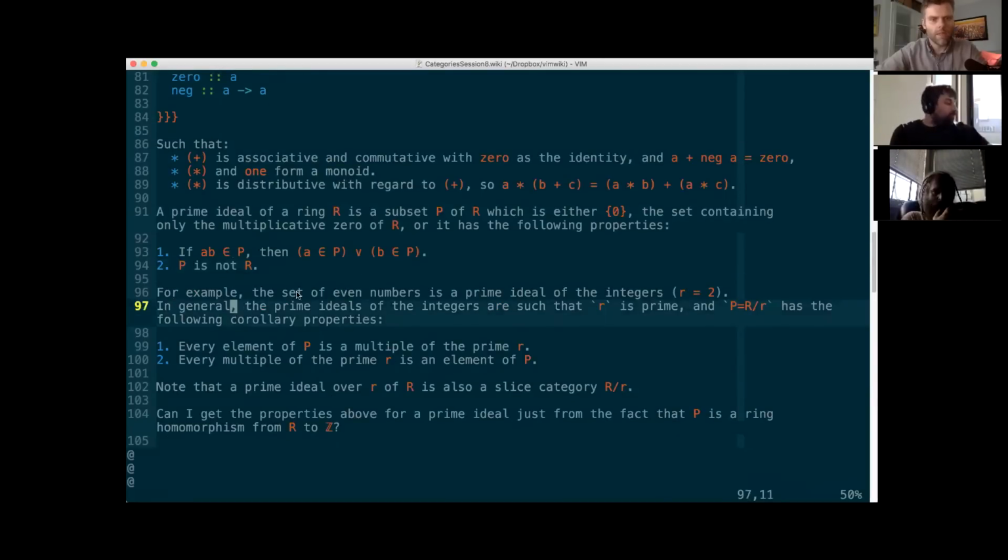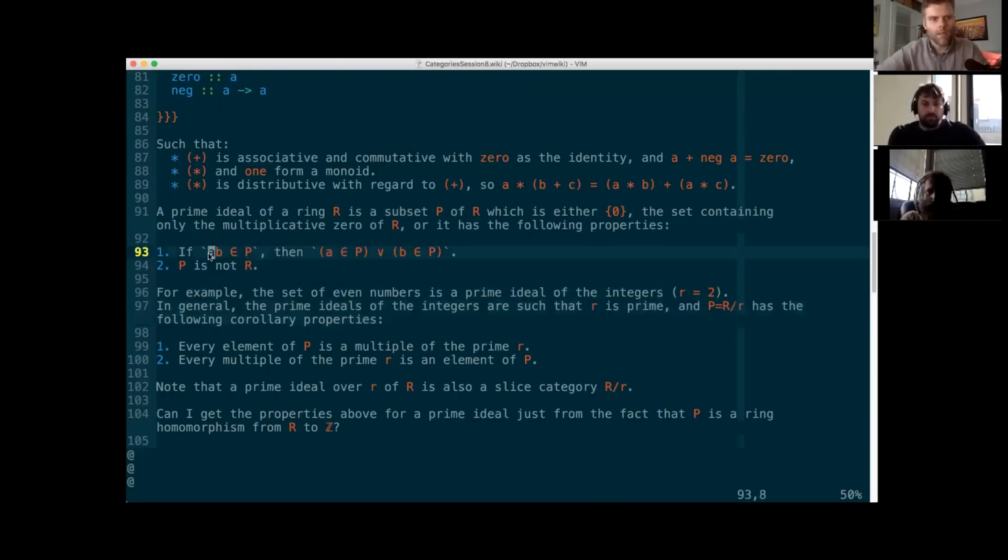So for example, the set of even numbers is a prime ideal for the integers. So if we take R over R, where R equals 2, so it's actually the slice category of the ring R. So we take the slice over 2.